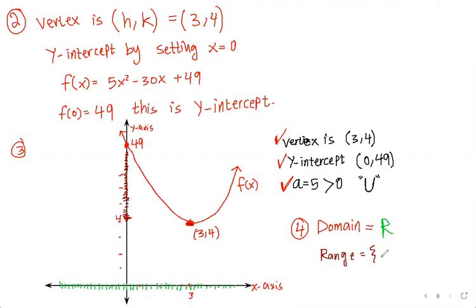So you can say y is greater than or equal to 4, because 4 is used. This is the range, or I can write it from 4 to infinity. Any question? So number 4: the domain is R, and the range is from 4 to infinity.